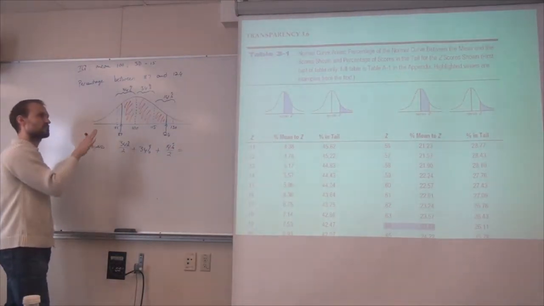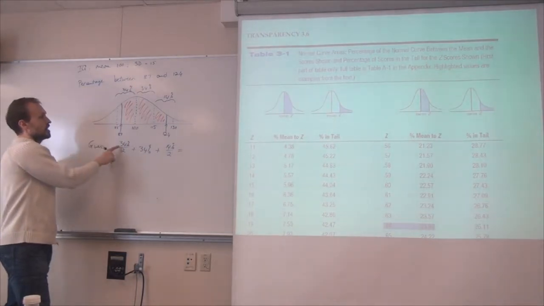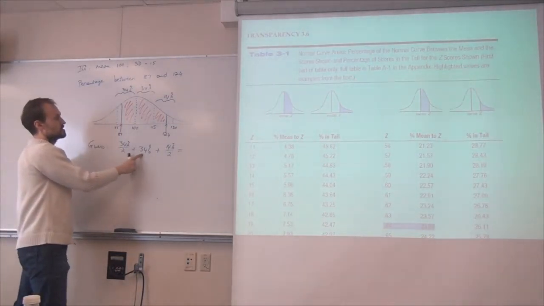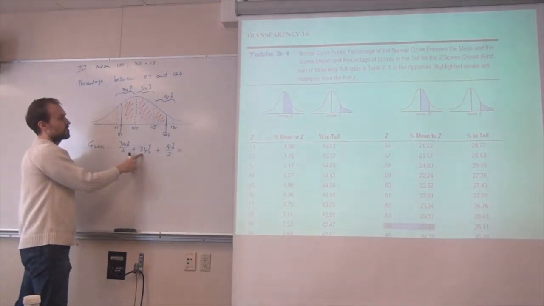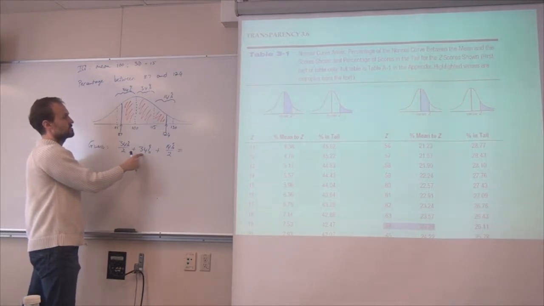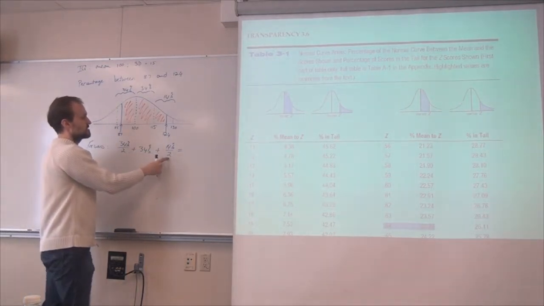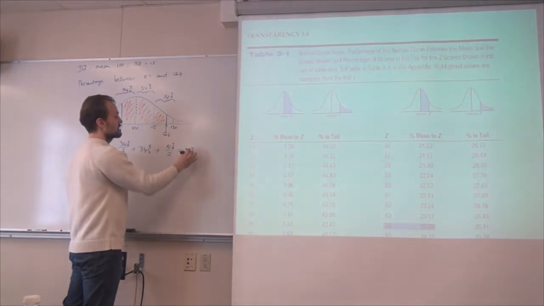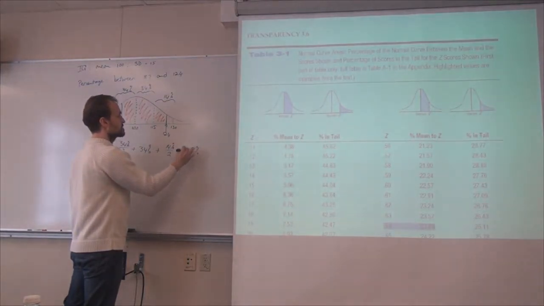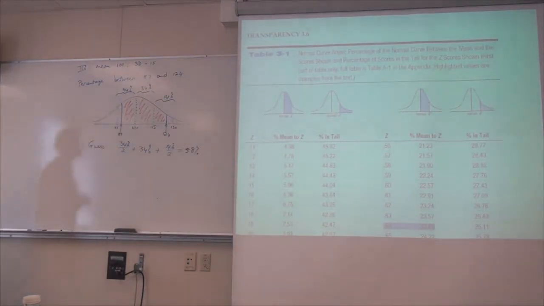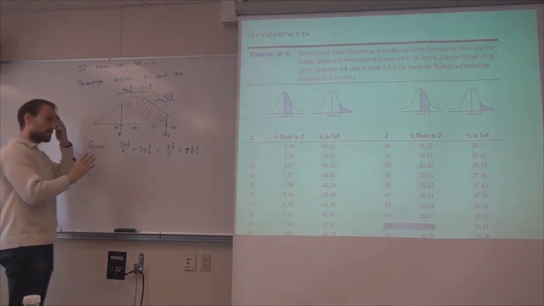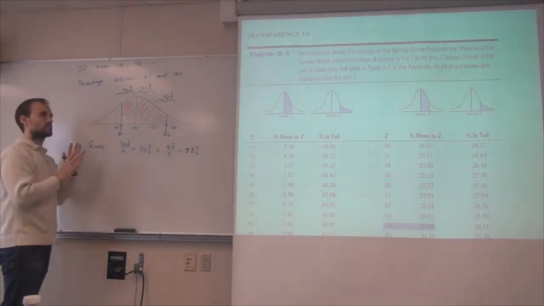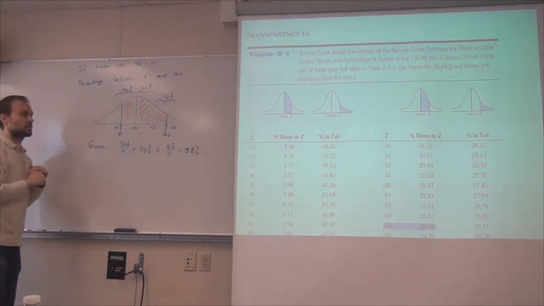Just getting me into the right area. 17 plus 34 is 51, plus another 7, so it looks like roughly 58%. I don't know how close I'm actually going to get, but it puts me in the 50-60 range. So if I get something that's drastically different than that, let me just rethink this a little bit.